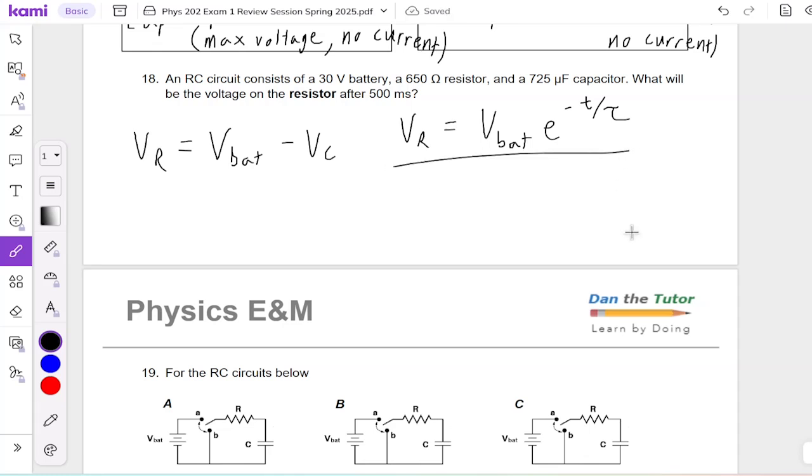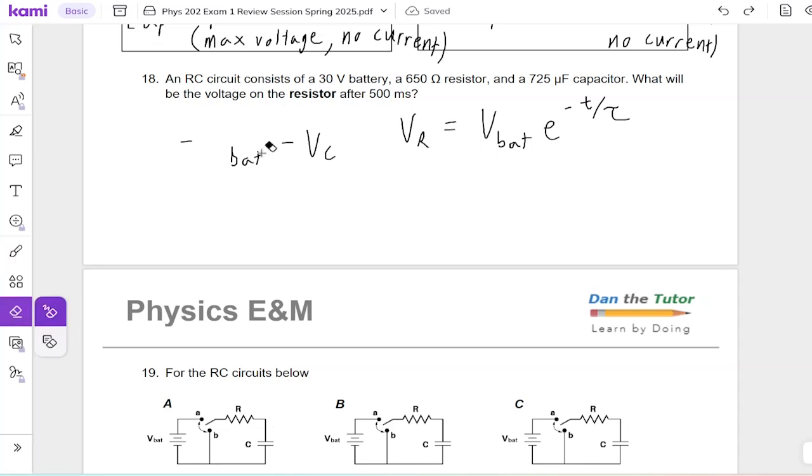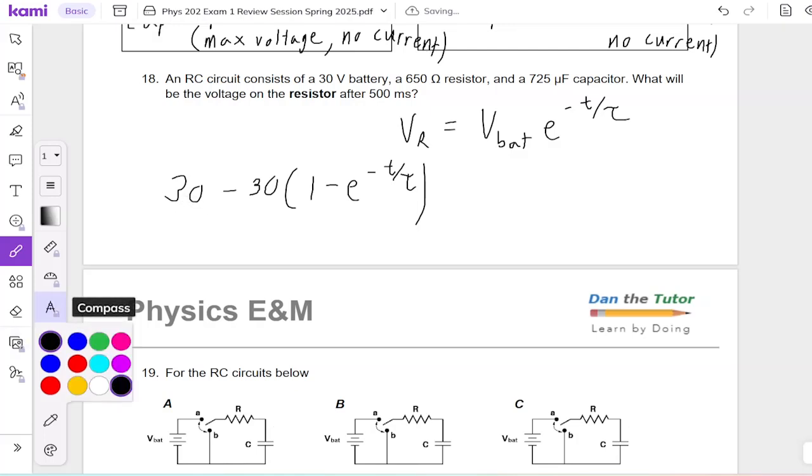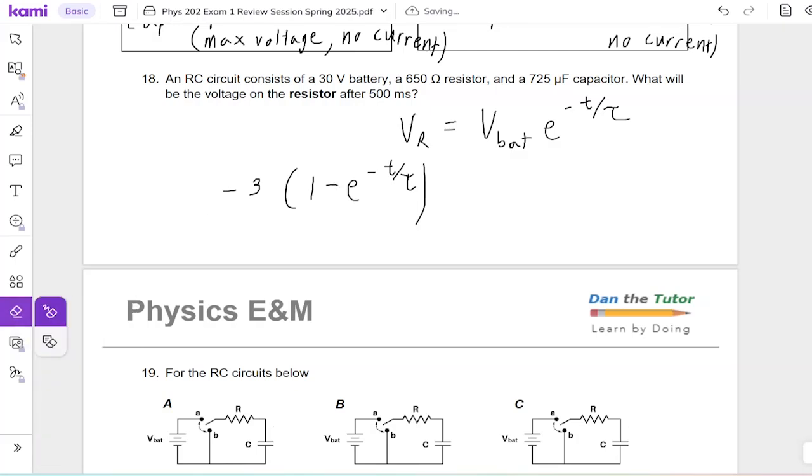If you choose the first method, it's the battery, 30 volts, minus 30 times 1 minus e to the negative t over tau. I'm not going to do that, but that's what it would be.